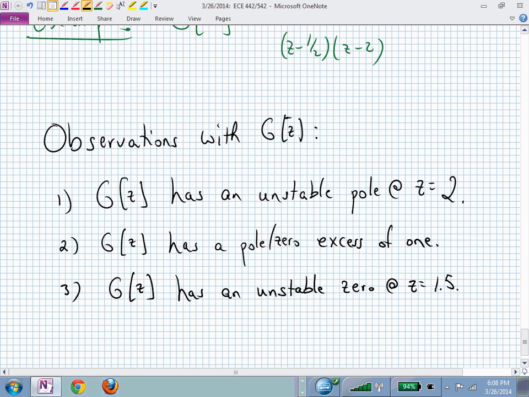Okay, the question is, why do we need this zero stable? You don't have a choice. Depending on your system, it's just going to appear either inside the unit circle or outside the unit circle. It's easier for your control problem to have stable zeros. That's all I'm really going to say now.